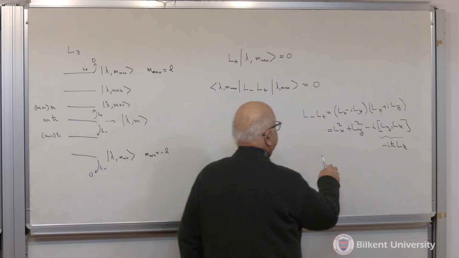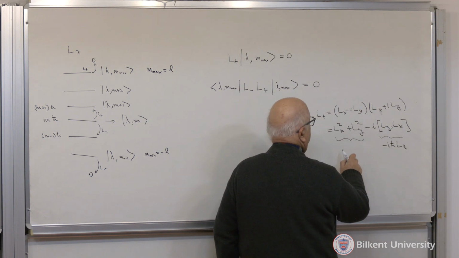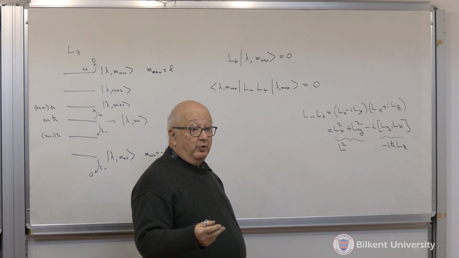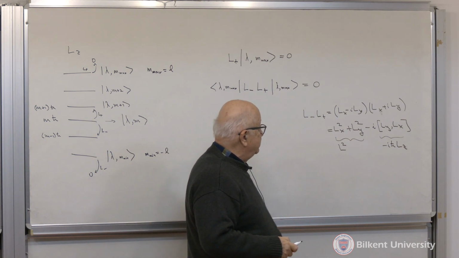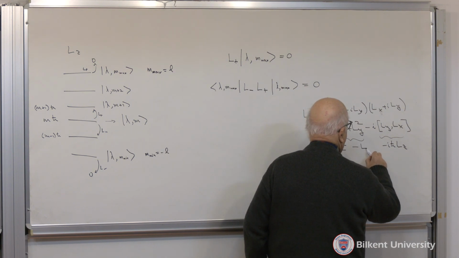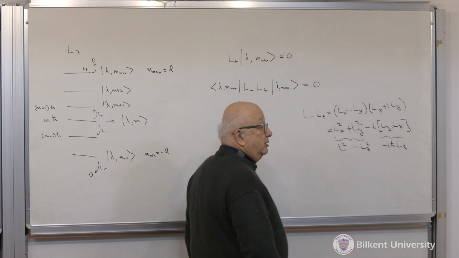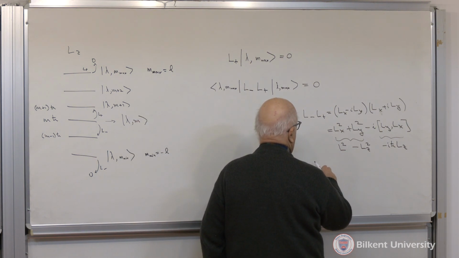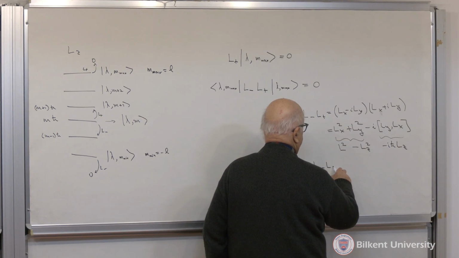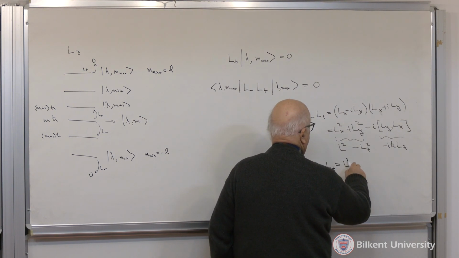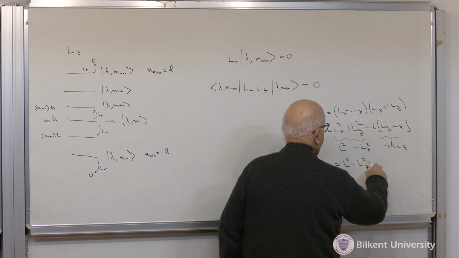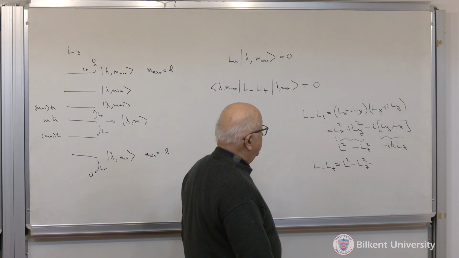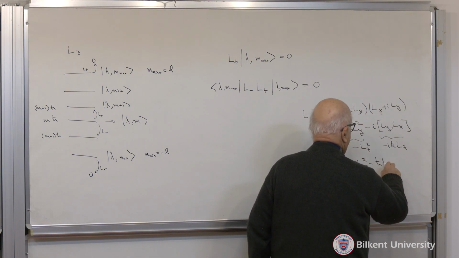This Lx squared plus Ly squared, I can write as the total angular momentum squared, which is Lx squared plus Ly squared plus Lz squared, but Lz squared is missing, so minus Lz squared. So this is a very nice and useful relation. Let me just write it one more time. L minus L plus is equal to L squared minus Lz squared minus, i times i is minus 1, so minus h bar Lz.